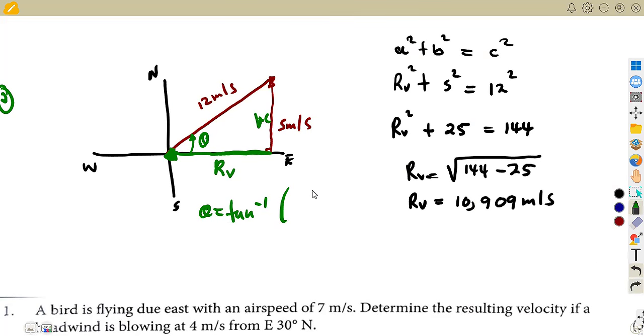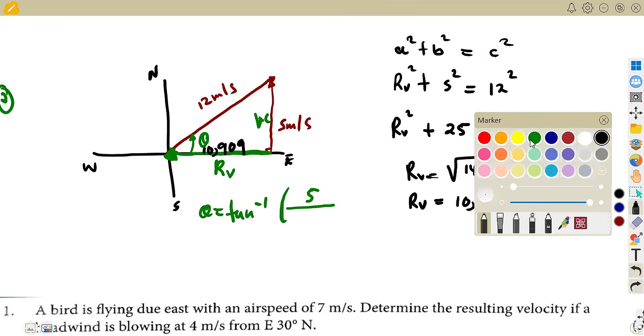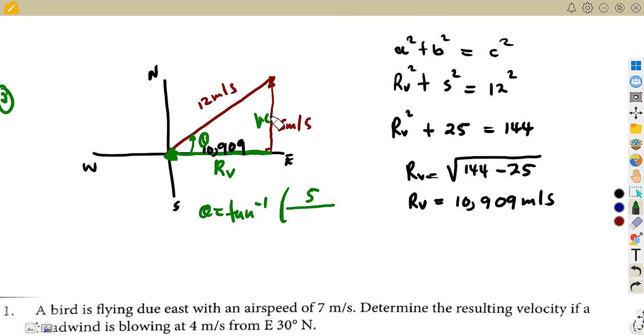So the opposite is 5, and the adjacent is this part of the resulting, the one that we calculated, 10.909. So take note of what you are using there. It's not going back to say arctan vertical over horizontal, which is exactly the same, but your horizontal now is the one in the horizontal component here, the resulting.